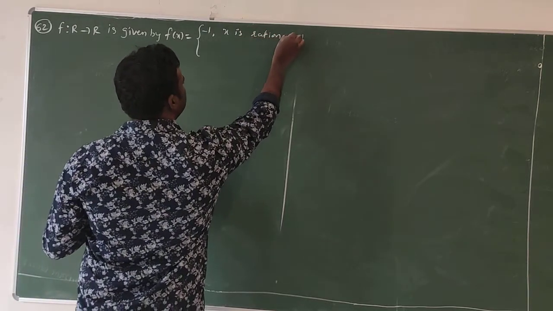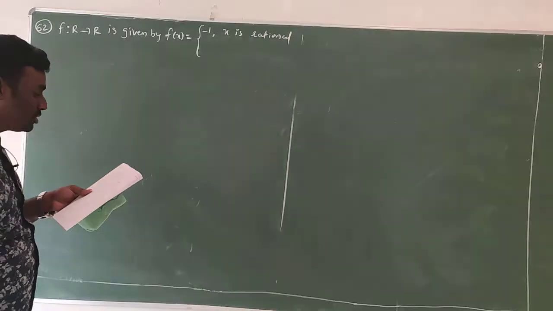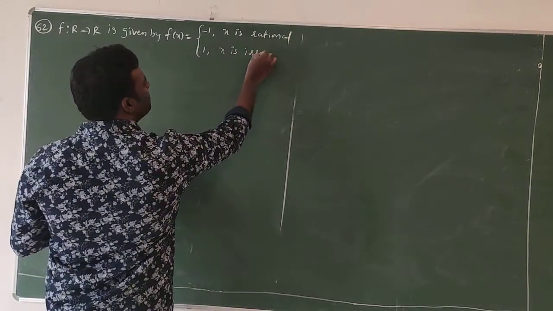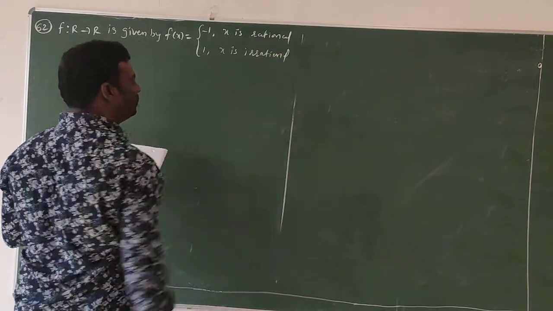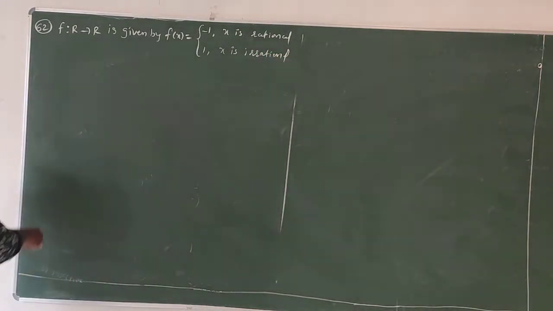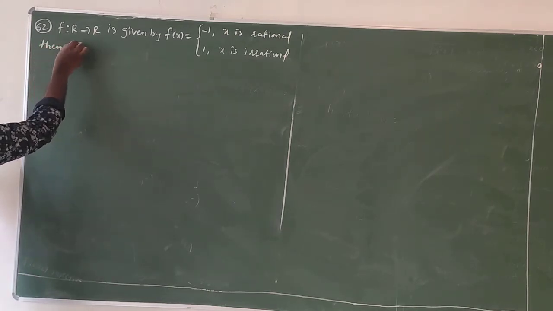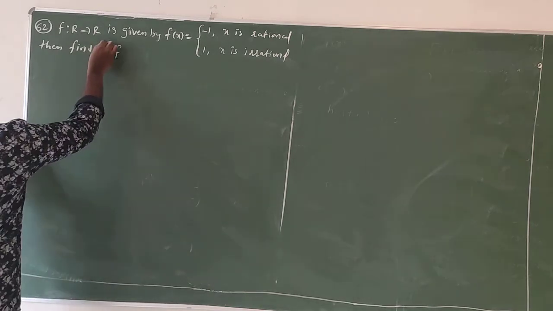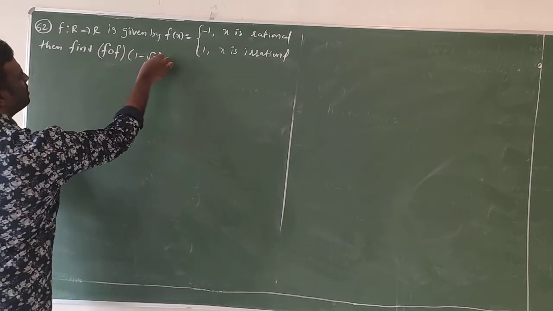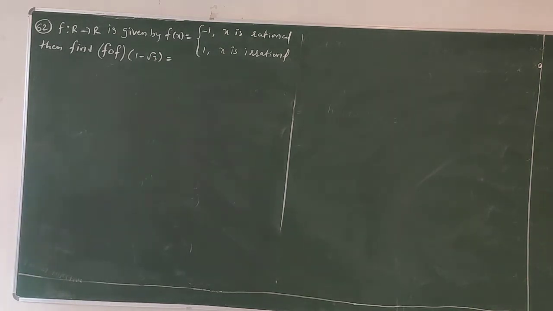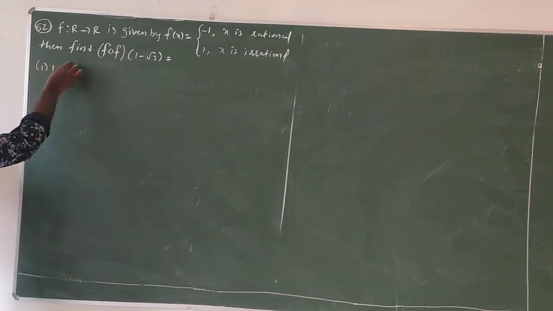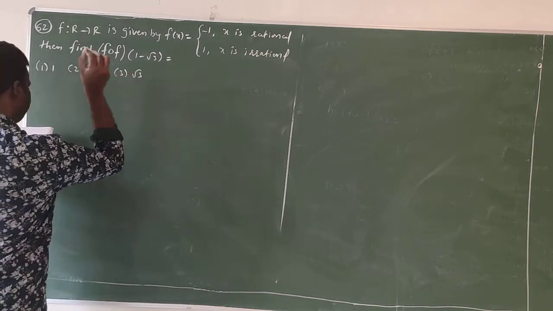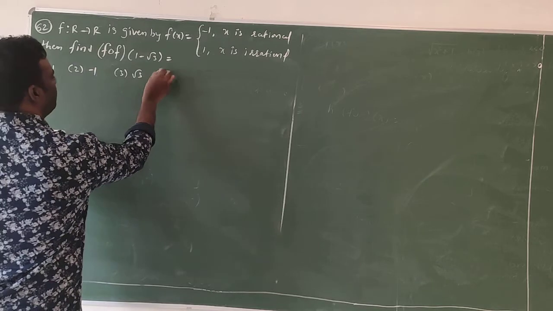Rational means the number which is in the form of p by q, where q is not equal to 0. 1 if x is irrational. Total 2 conditions. Then find the value of f circle f of 1 minus root 3. First option 1, second option minus 1, third option root 3, fourth option 0.